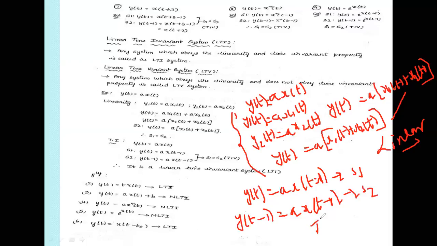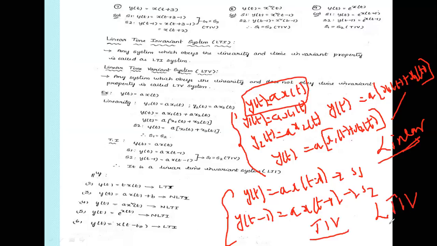Both are equal, so it is a time invariant system. Combining, y of t is equal to a into x of t is linear and time invariant, meaning a linear time invariant system.